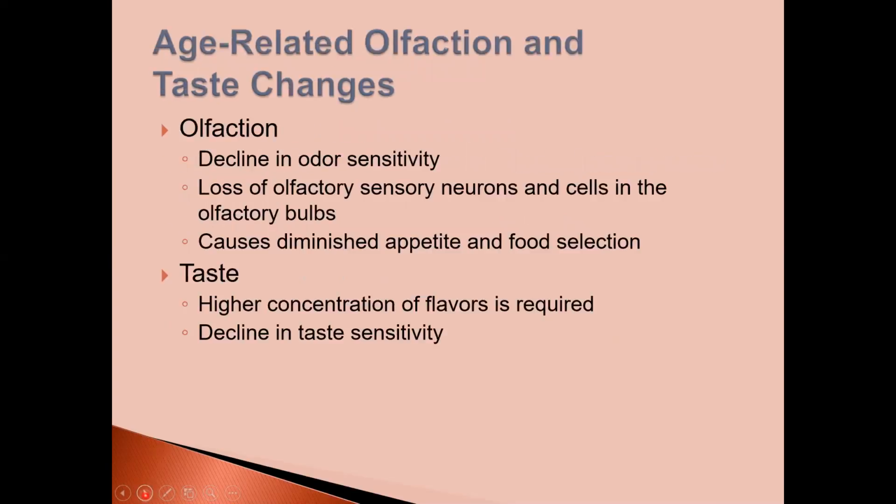And some age-related olfaction and taste changes. With olfaction, there would be a decline in odor sensitivity, a loss of olfactory sensory neurons and cells in the olfactory bulbs, and this causes diminished appetite and food selection, which can be a problem with an older individual who needs to maintain their weight to maintain health.